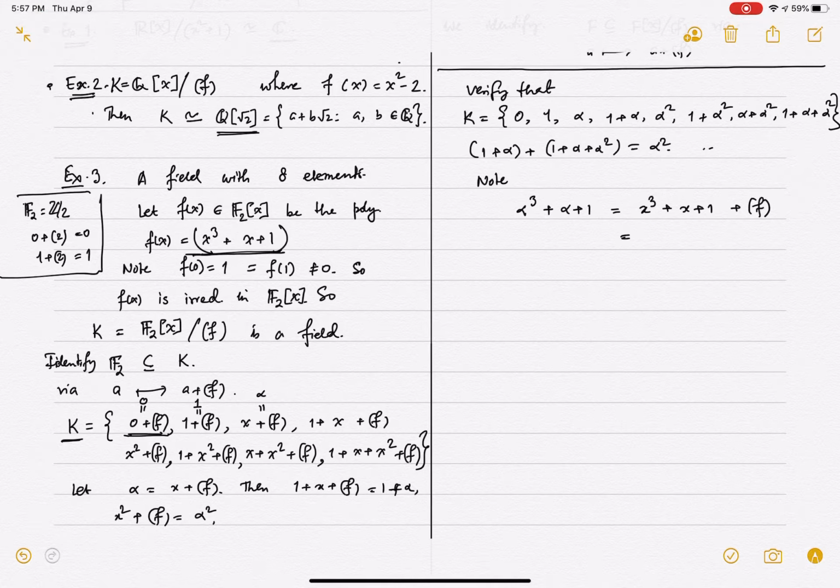So this is just the ideal generated by f, which is what we call 0 now. So alpha cubed plus alpha plus 1 is 0 in K, after you have identified this 1 and this 0 of F2 with the 0 and 1 of K.